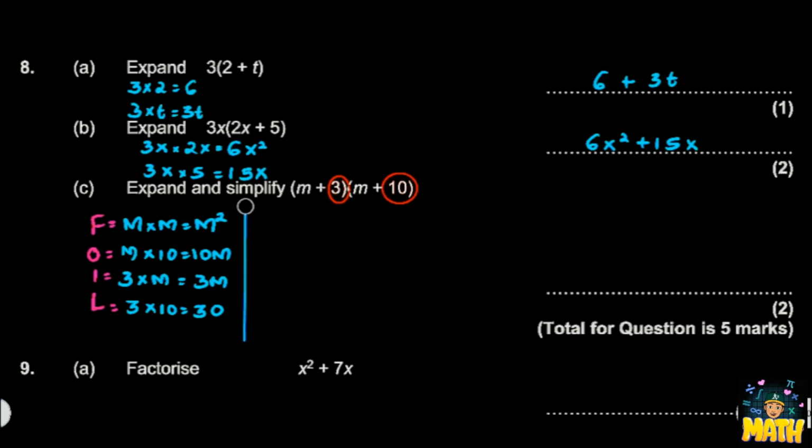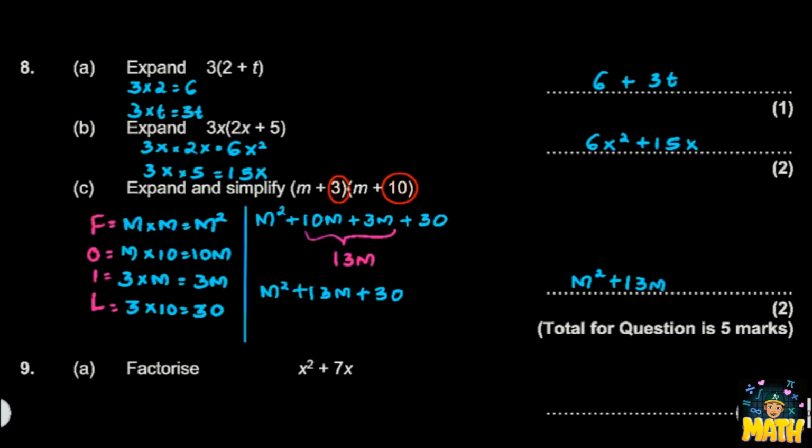Put all these terms together. So m squared plus 10m plus 3m plus 30. Then add the 10m plus 3m to get 13m, and then rewrite m squared plus 13m plus 30 as the expression.